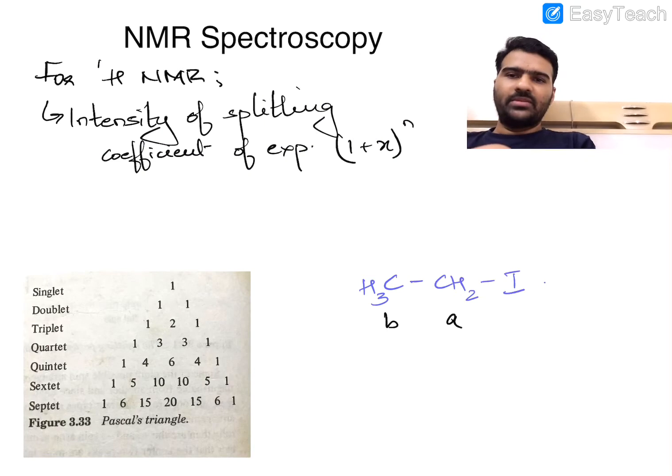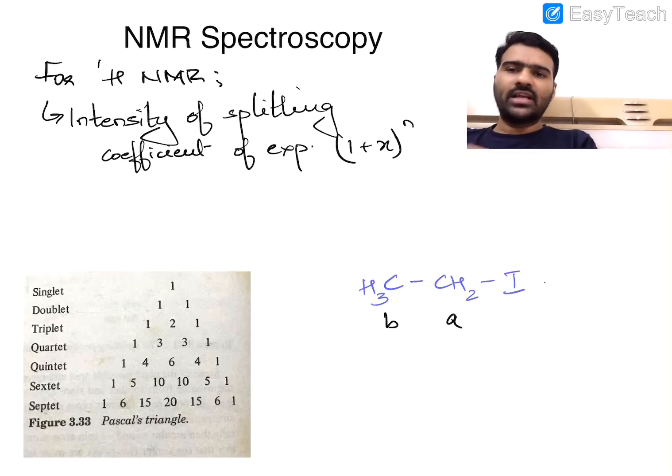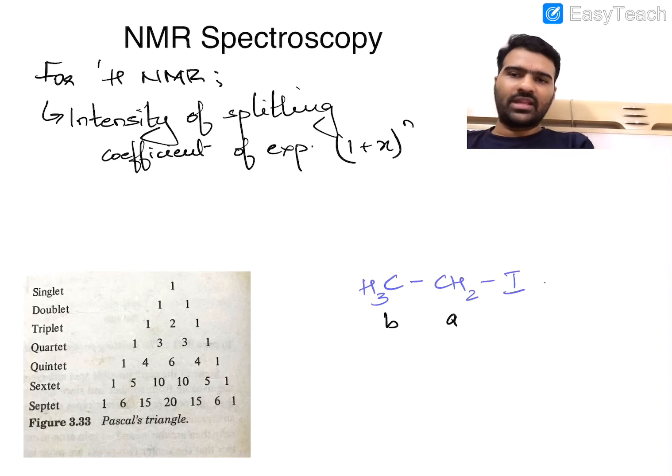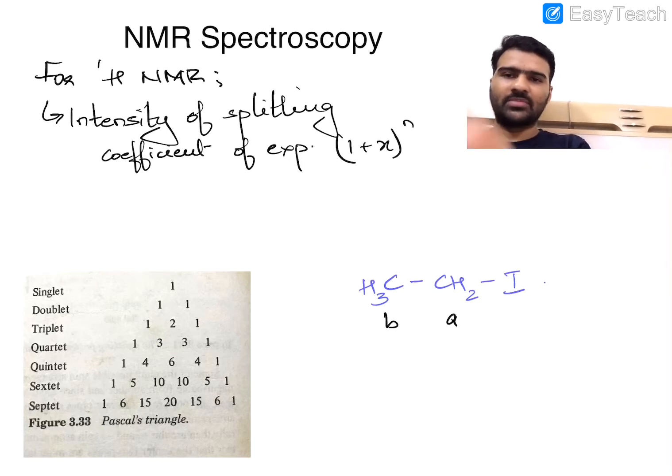So we've looked at the basis of this particular spin-spin coupling that should result from nearest neighbors of nuclei which are in a magnetically different environment from that of the nuclei being probed. So once again, looking at this example of ethyl iodide, if you look at the protons which have been clubbed as A here, they have neighbors that have 3 protons on them, the B type, magnetically B type nuclei on its neighbor.